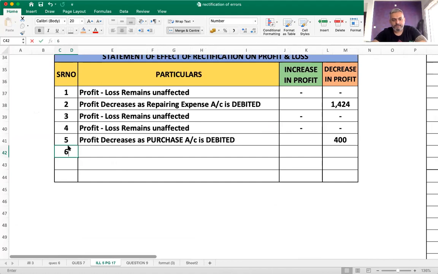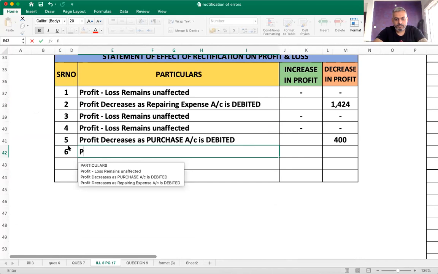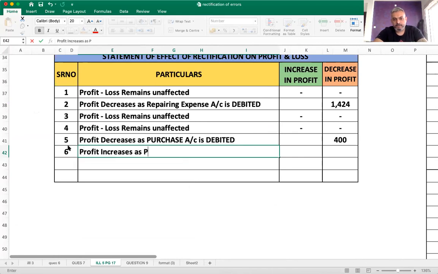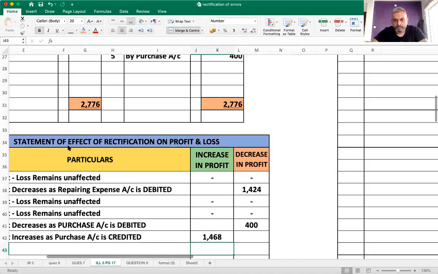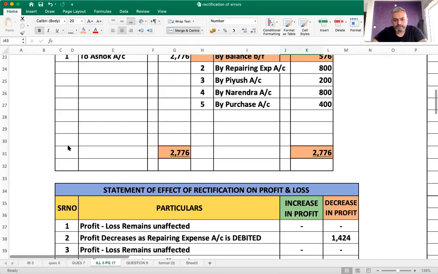सो लेट्स राइट सिक्स्थ वन, profit increases as purchase account is credited. 1468.